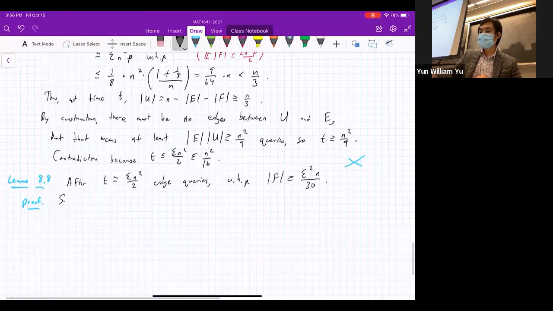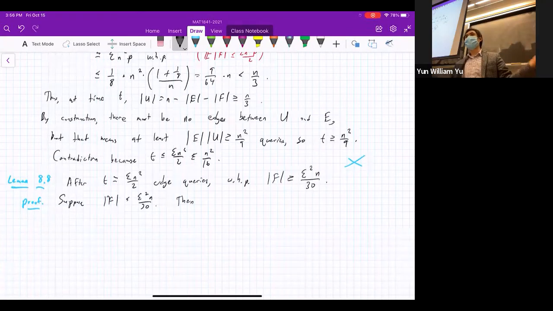So let's suppose that the size of F is less than epsilon squared n over 30. We're going to find a contradiction that shows this can't be the case.